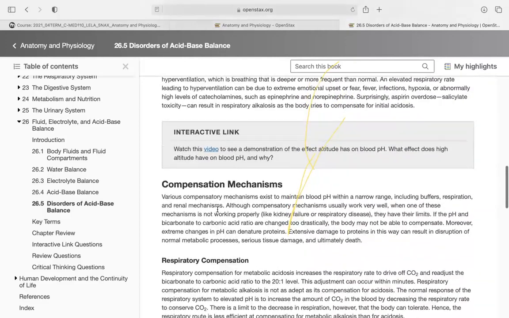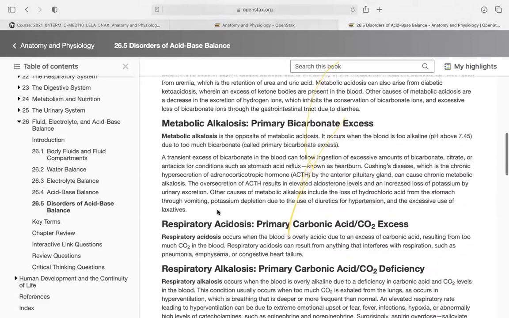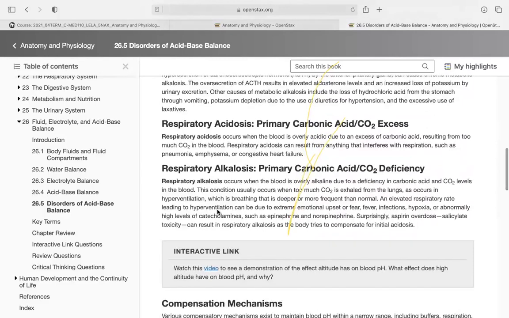So how do we do compensation? Okay. So let's do respiratory first. Respiratory acidosis. I become acidic if I have way too much CO2 in my blood.